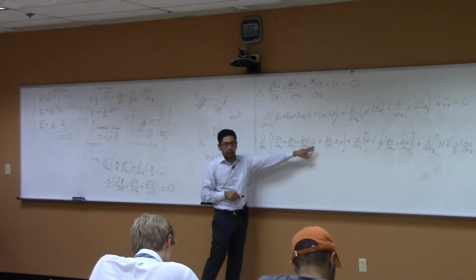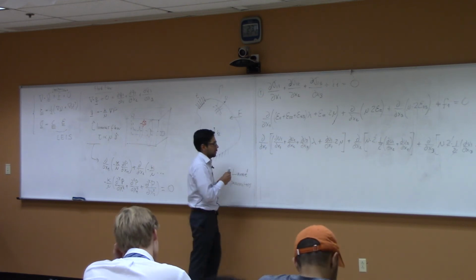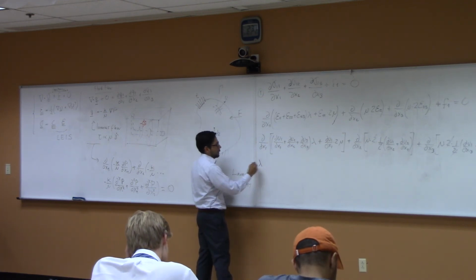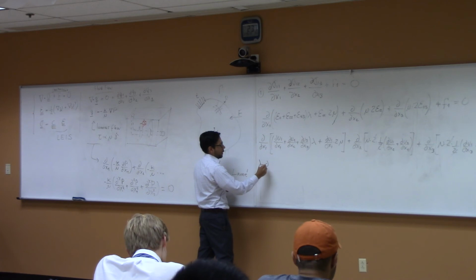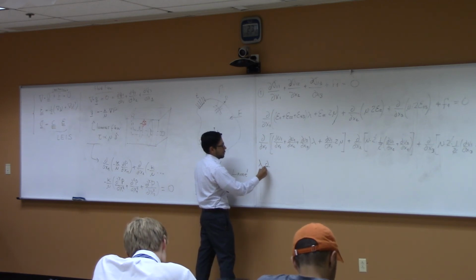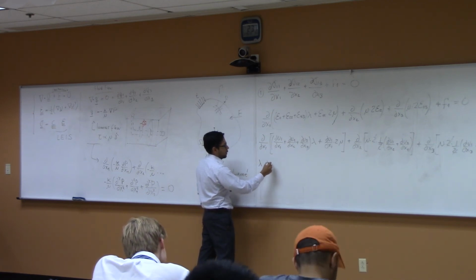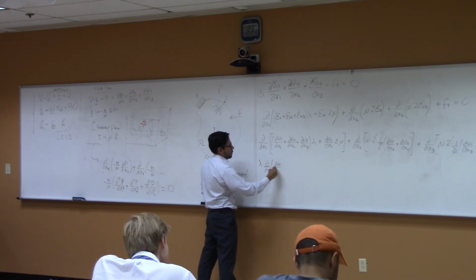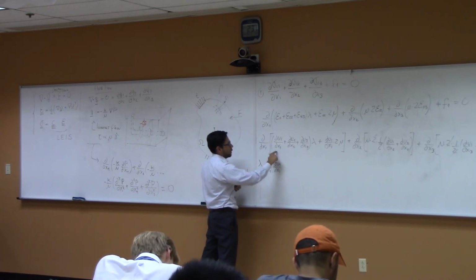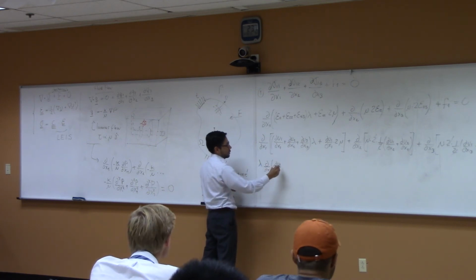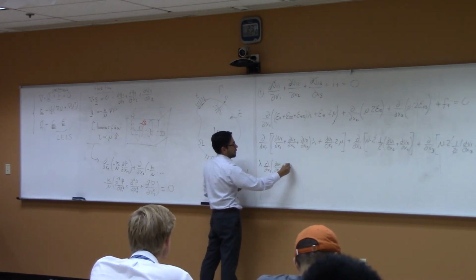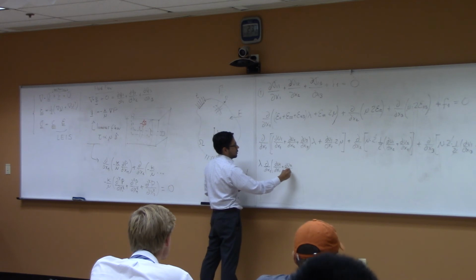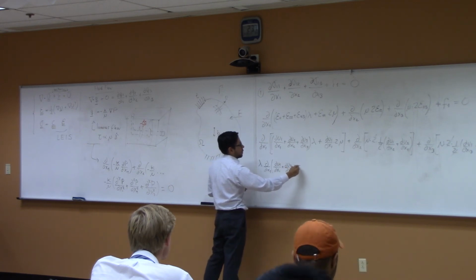I'm going to take this lambda out, since that lambda is going to be a constant, and it's going to be lambda times d/dx1 of... By the way, guys, what is this? Volumetric strain, very well. That's volumetric strain.